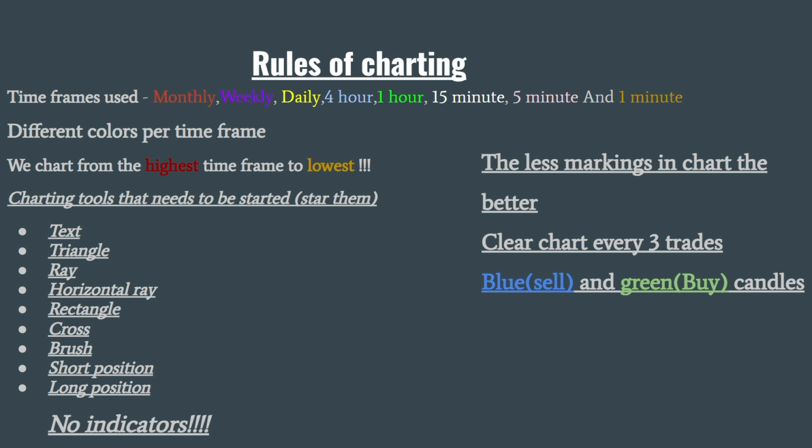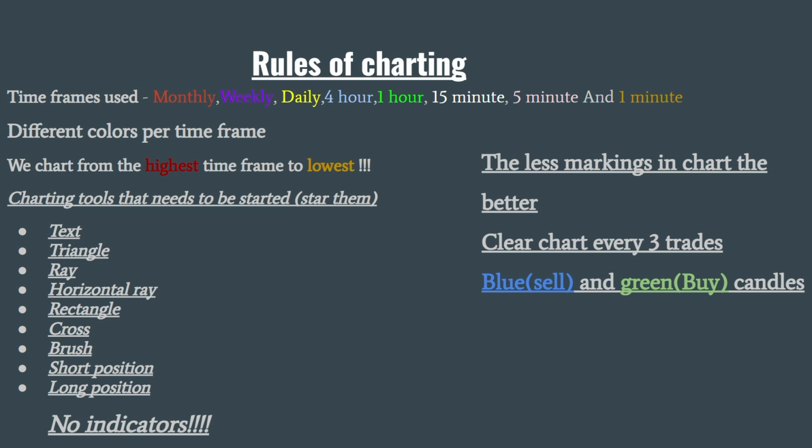Also, very important, the less markings you have in your chart, the better. Do not mark every single level that is in the chart, because then you're gonna confuse yourself and nothing's gonna make sense. Always mark less. The moment it breaks through a level, delete the level. That's the best advice I could give you.